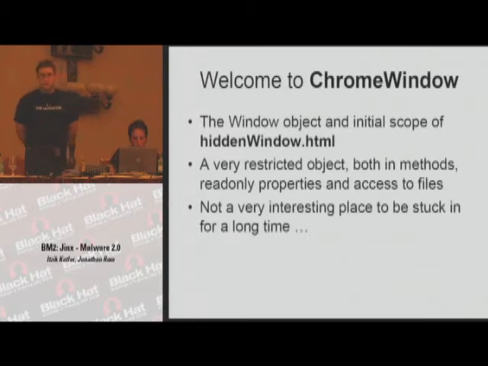Now, as I said, our first and primary target was to download files from the victim computer. Since we're not bound to any specific URI, since we're not related to any website, our window is the Chrome window. Now, the Chrome window is a skeleton Firefox object. It's quite restricted, in the way that not all the methods can be invoked from the Chrome window.